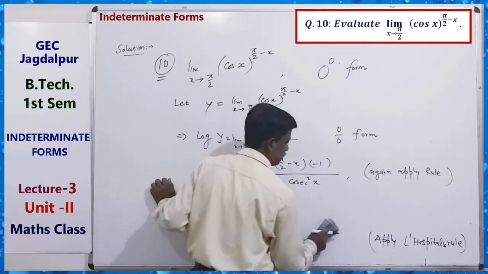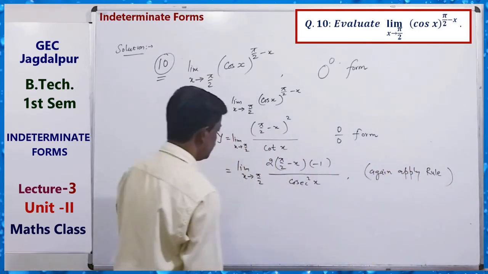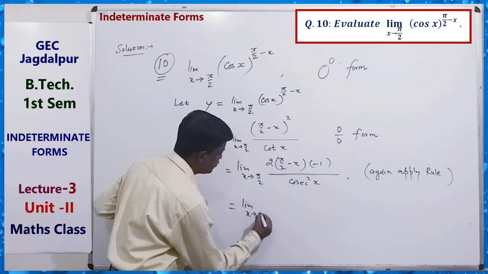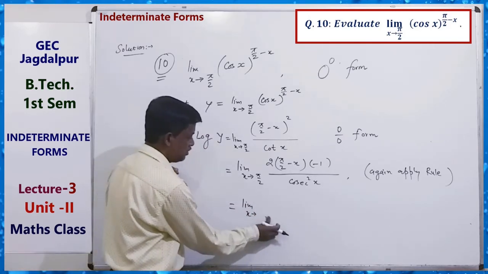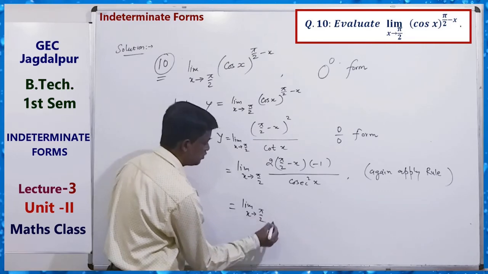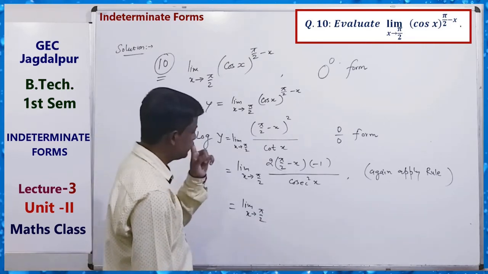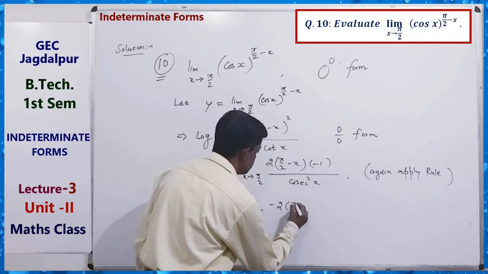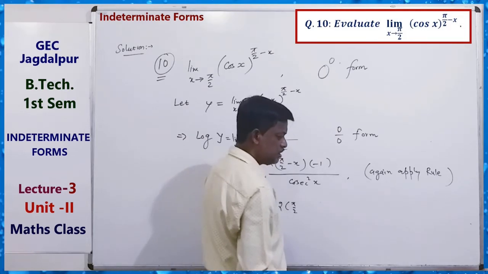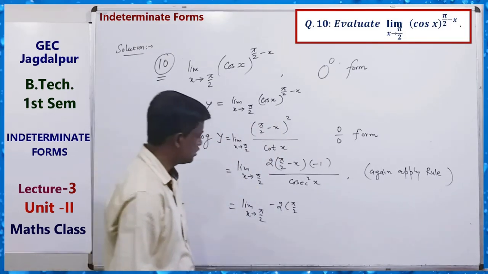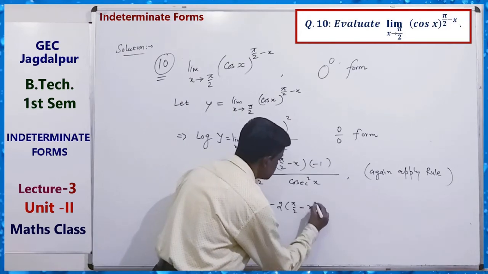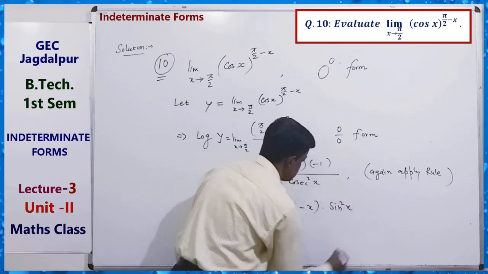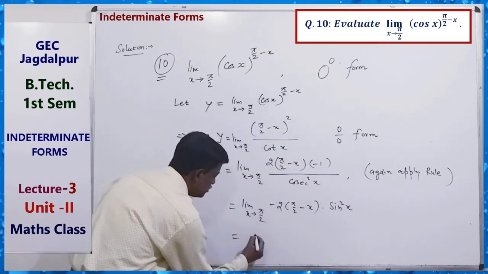Then now we can get here limit x tending to pi by 2. But here we see that minus 2 (pi by 2 minus x) into sin square x. So I think this limit is 0.